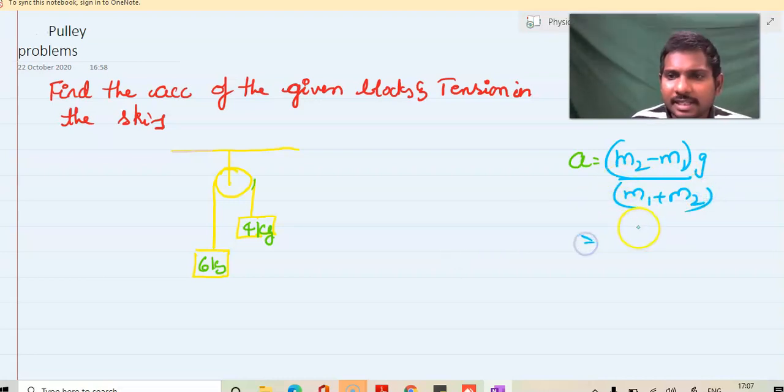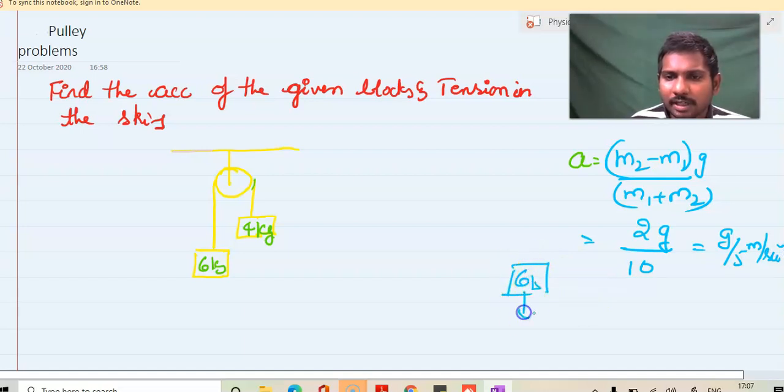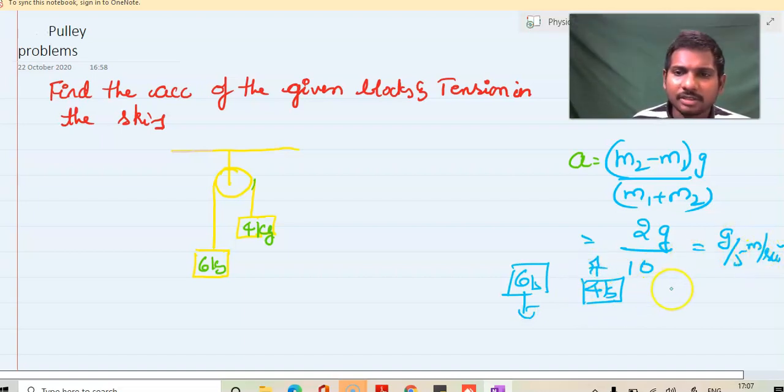That is here (6 minus 4) g by 10, so the answer is g by 5 meter per second square. The 6 kg block goes in the downward direction and the 4 kg block goes upward with g by 5 meter per second square. Taking g as 10 meter per second square, the acceleration is 2 meter per second square.